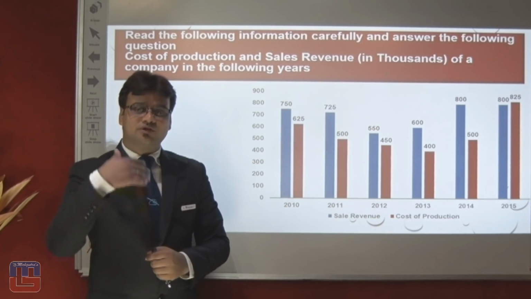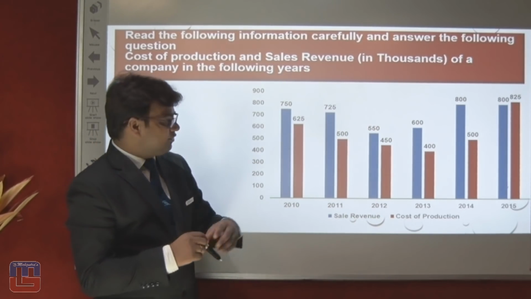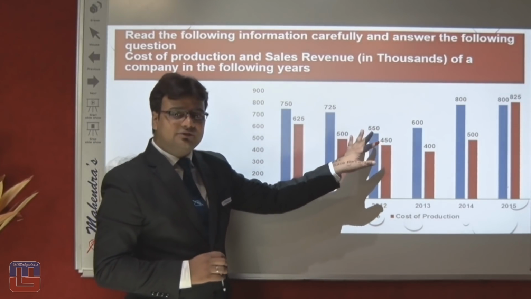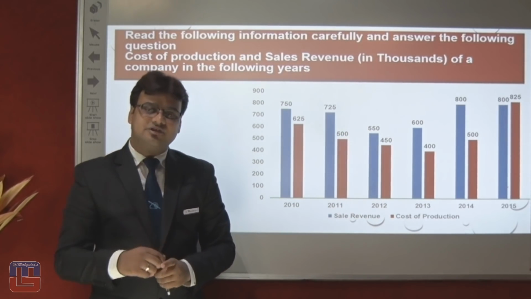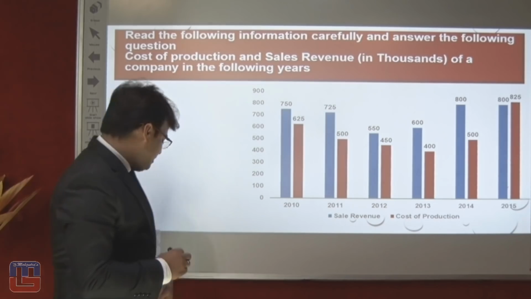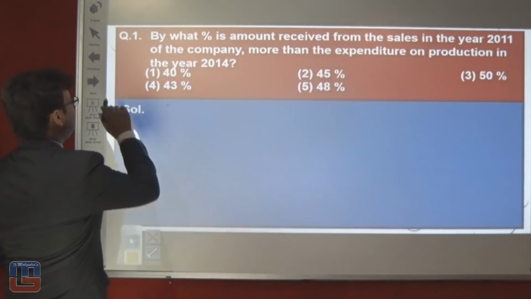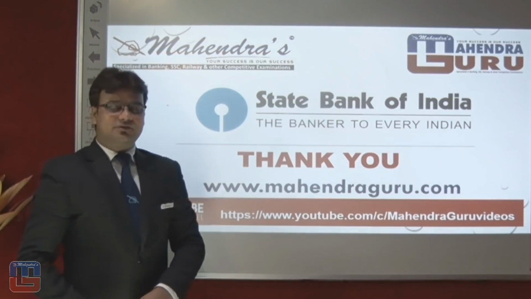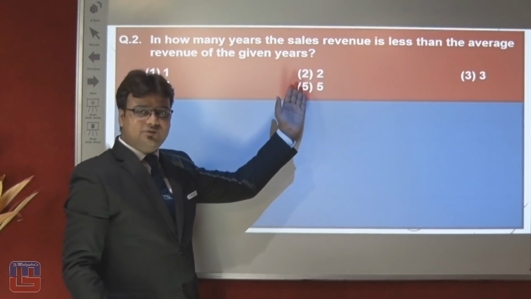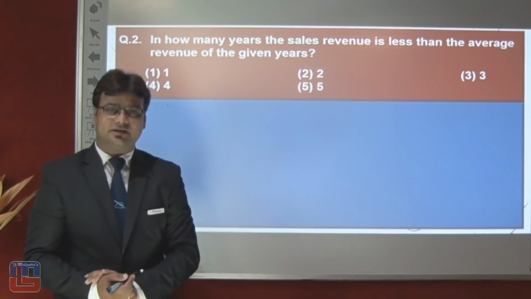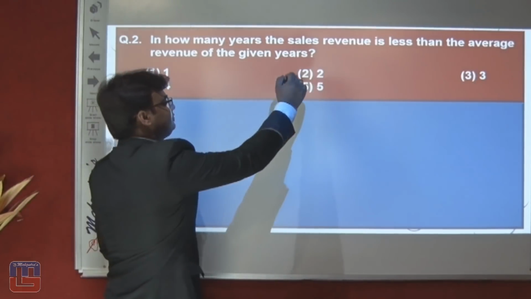So two values, 500 and 600, are less than the average revenue. So the number of years is 2, and the correct answer is the second.